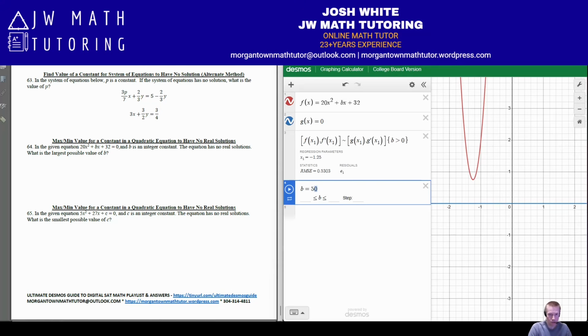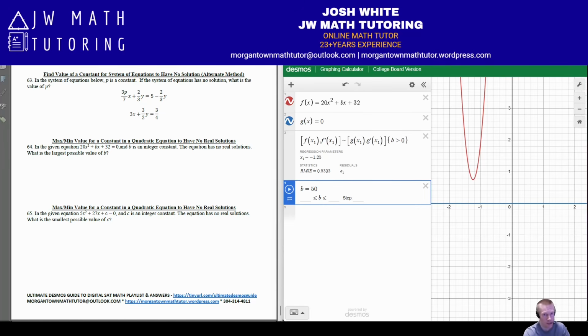Whereas if I instead went to 51, notice it moved the vertex down, and now there are two real solutions. So for it to have no real solutions, the largest integer value is going to be 50. So that's the correct answer to this problem.